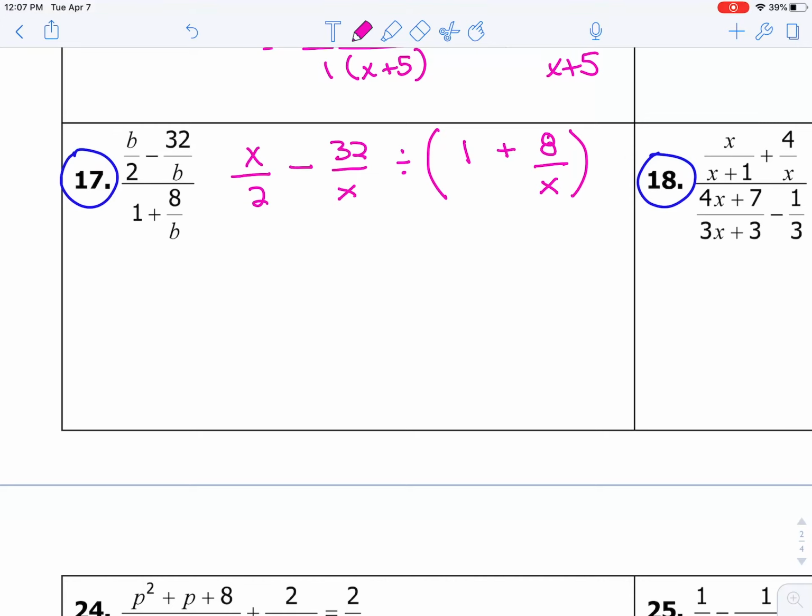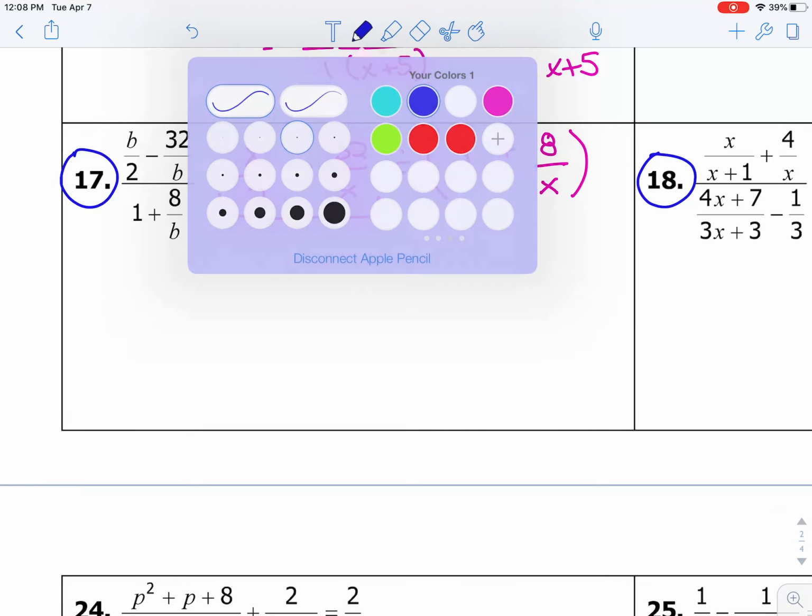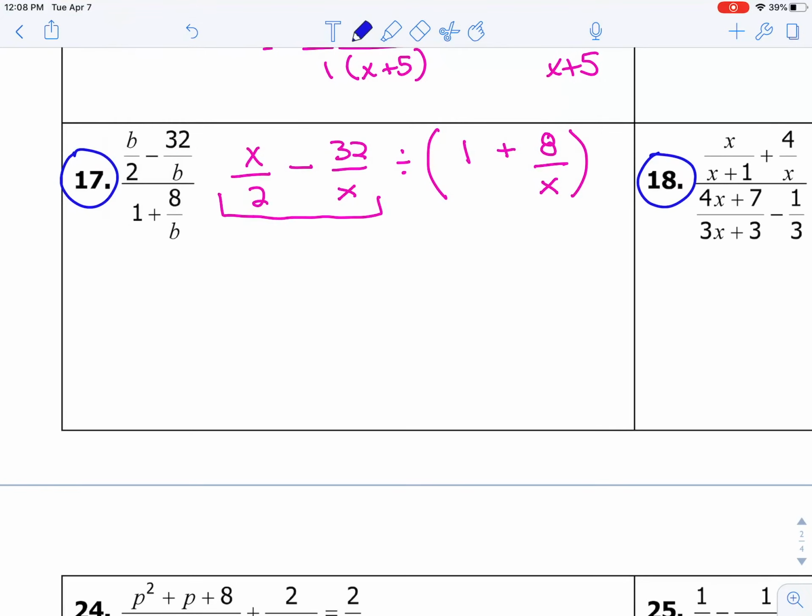So in this specific part over here, I do need common denominators. You may want to pause the video and try to give those common denominators on your own. If you remember, the way that we give them common denominators is multiplying each one by the other one's denominator. So I want to multiply this first one by this denominator, x, and I do that on the top and on the bottom.